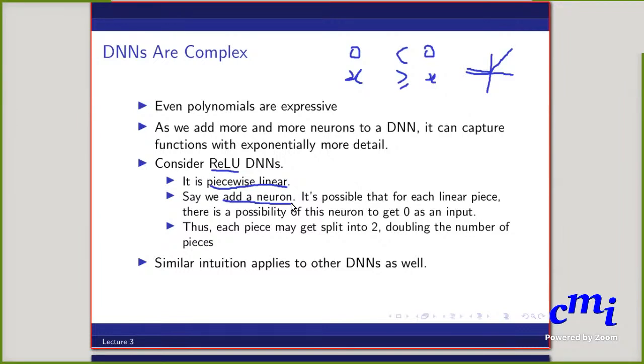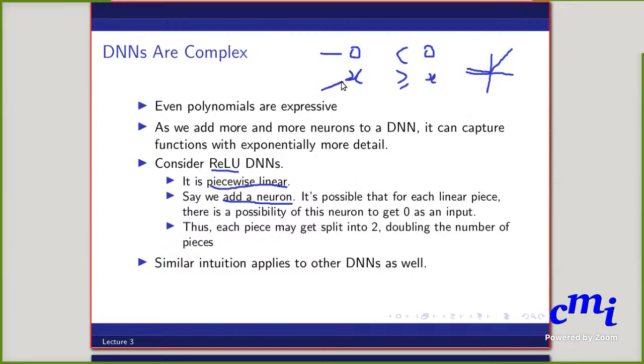So in that scenario, the value of this neuron is going to be both negative and positive for each piece of my original neural network. In the negative cases, this new neuron is going to be set to value 0, and in the positive case, it's going to be set to value x.